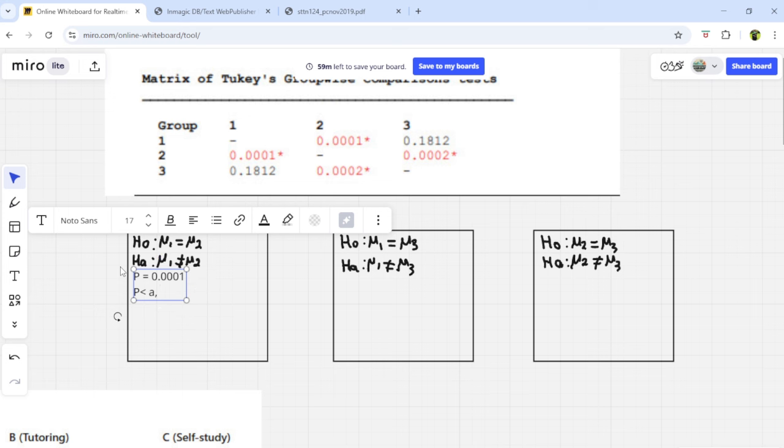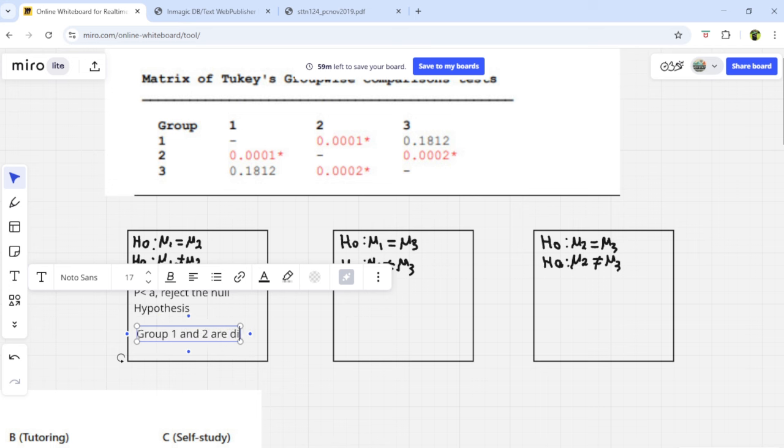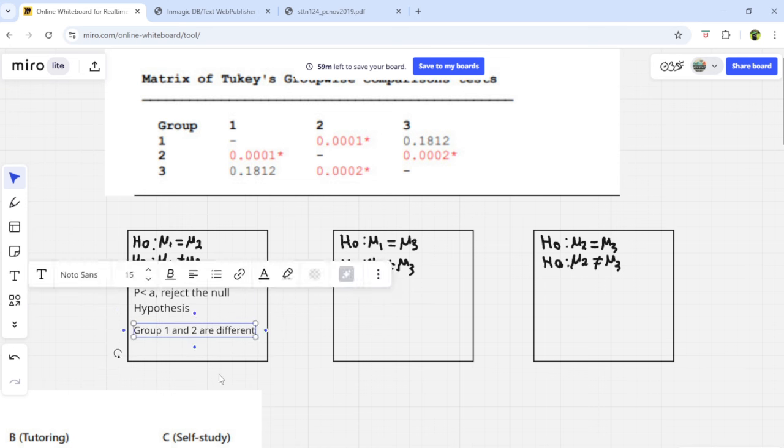Therefore we reject the null hypothesis. So if we do that, then we're going to say group 1 and 2 are different. Group 1 and 2 are different.